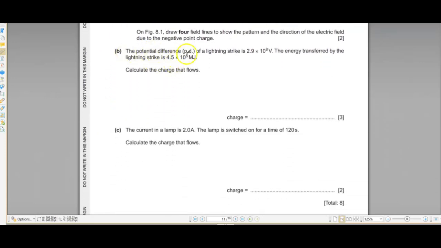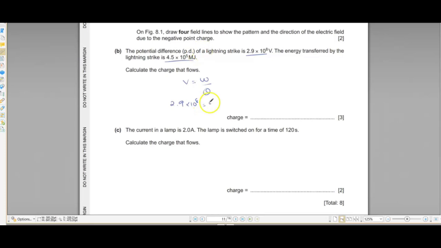Part B, the potential difference PD of the lightning strike is 2.9 into 10 raised to the power 8 volts. The energy transferred by the lightning strike is 4.5 into 10 raised to the power 5 megajoules. Calculate the charge that flows. The formula that unites all these entities together is V is equal to W by Q. So V we know is 2.9 into 10 raised to the power 8.